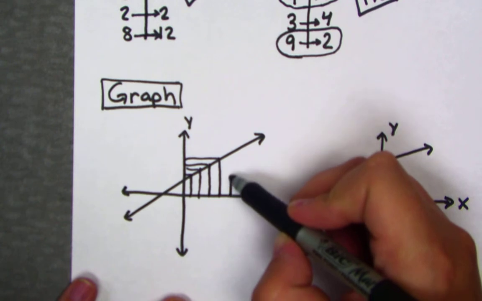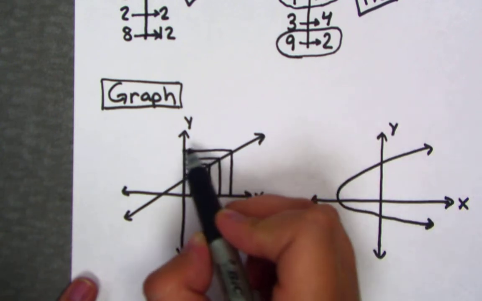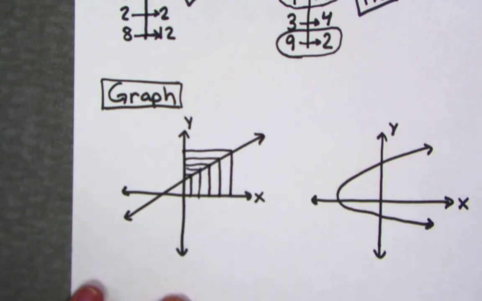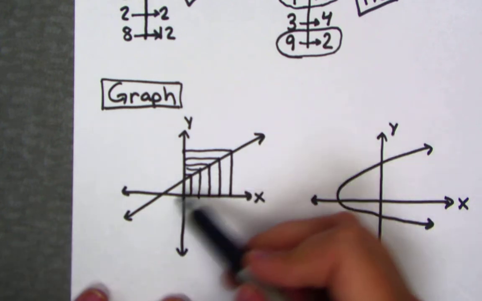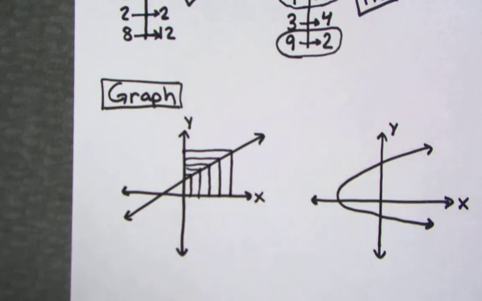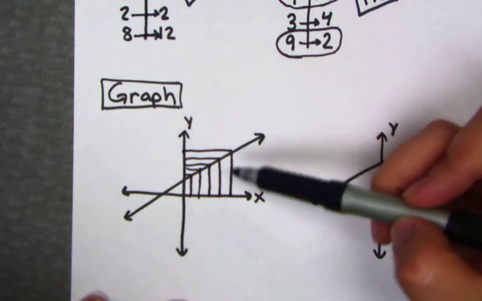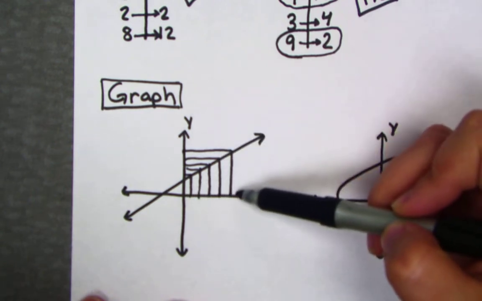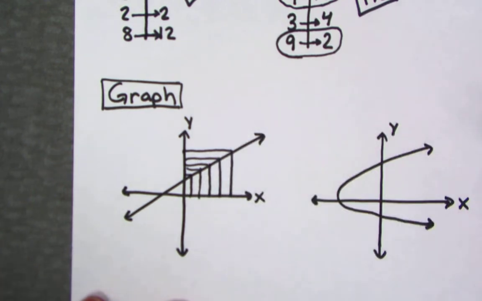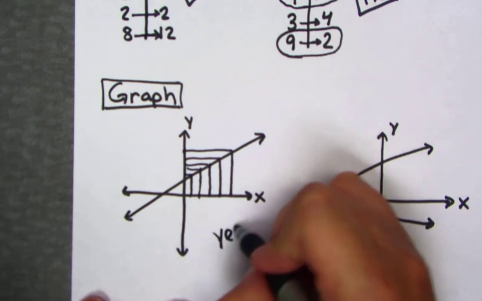Here's our input, follow it up, that would be the output that it would give. So in this situation, this graph is a function because every different input value we give is going to give a different output. So this is a function.